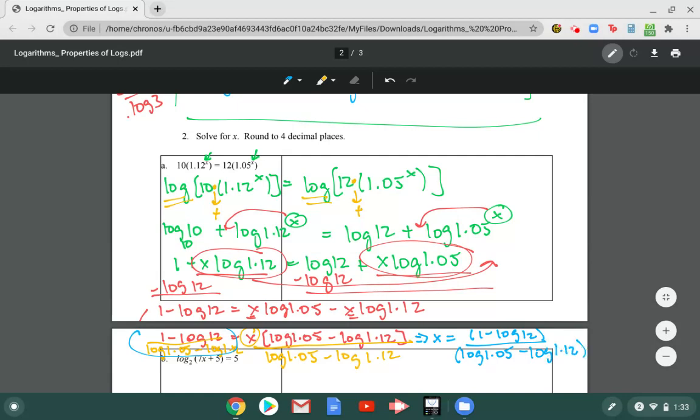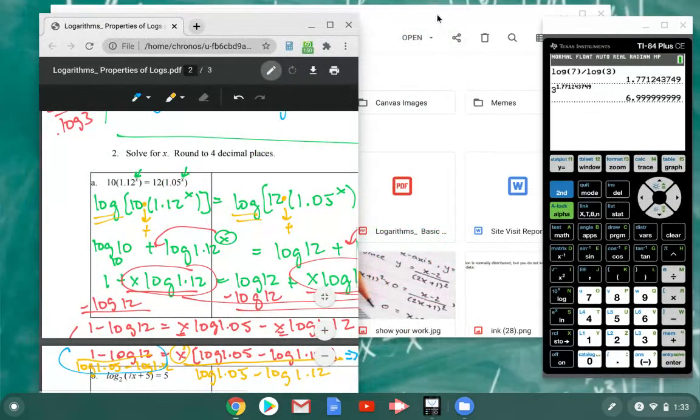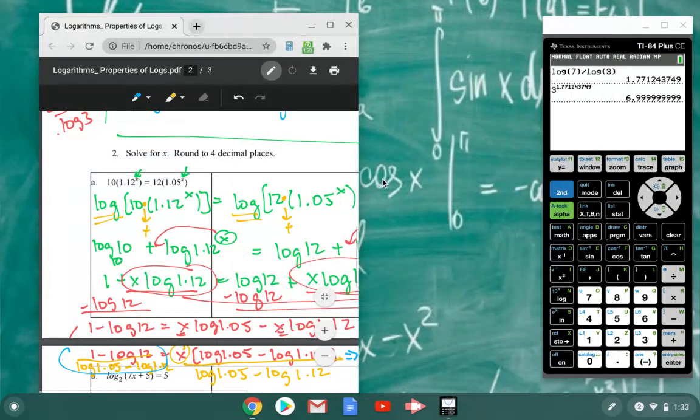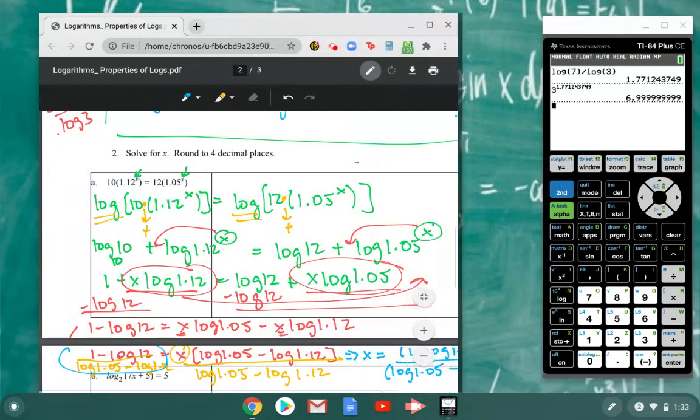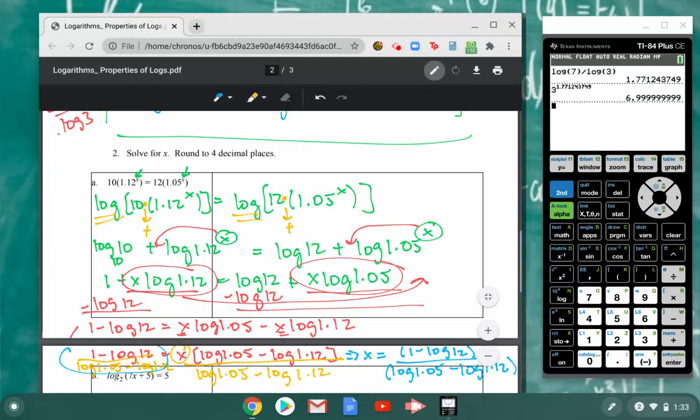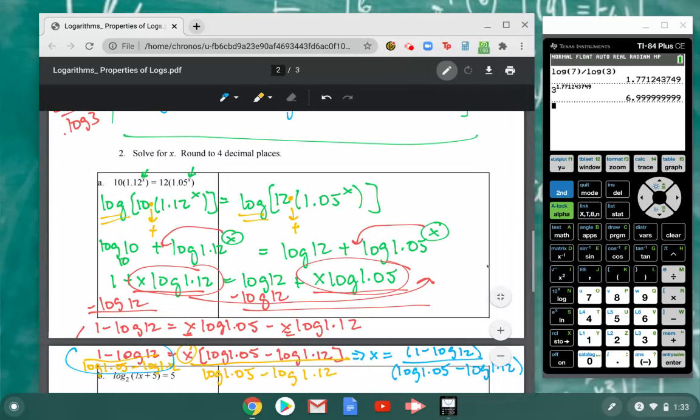Let's go ahead and put that into our calculator so we can get a decimal approximation here. So you could put everything in decimal form earlier, but so many rounding errors. I really want to make sure you guys get the right answers the first time rather than having to type it in a bunch of times.